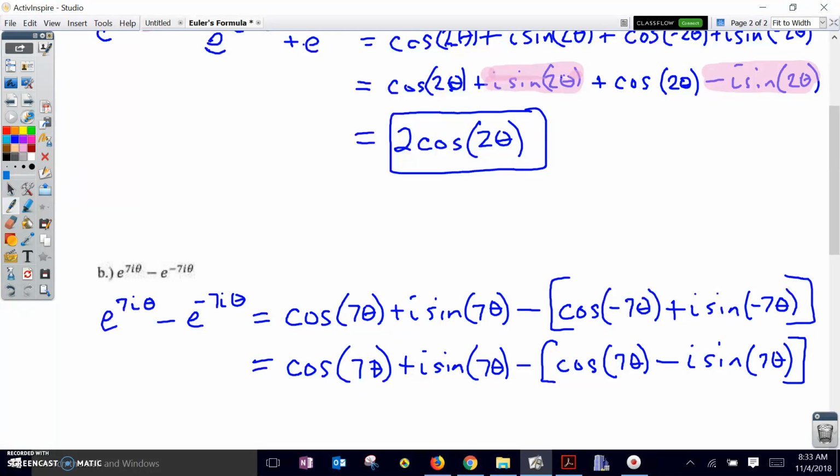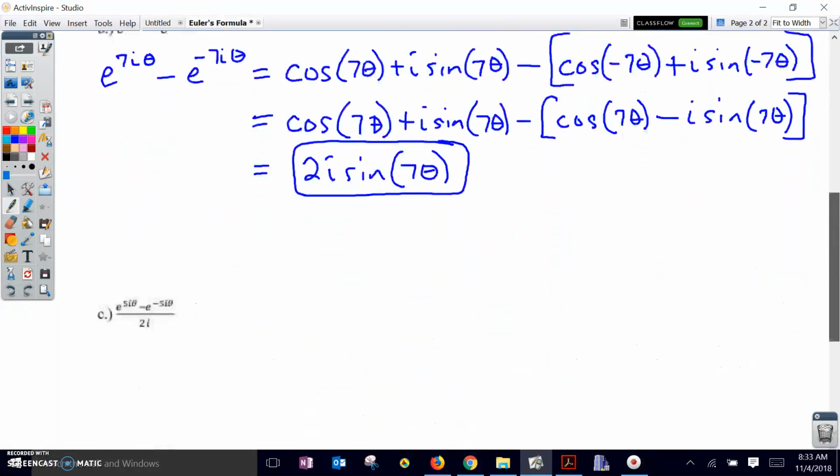And now we can simplify from here. Since we're doing subtraction, the cosine of 7 thetas subtract to make nothing, and we've got i sine of 7 theta minus negative i sine of 7 theta, and those combine to make 2i sine of 7 theta.